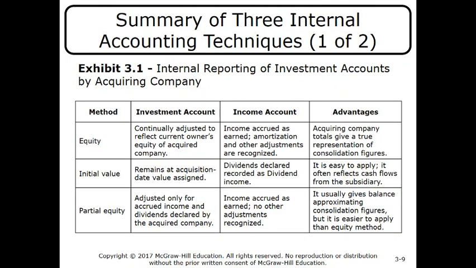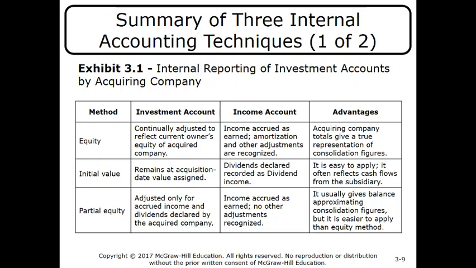So here's kind of a rundown of that. It shows the advantages, and the method that a company uses is kind of based upon what they look at as far as measuring performance of the sub. If they want a full-blown performance based upon accrual accounting, they're going to use the equity method.